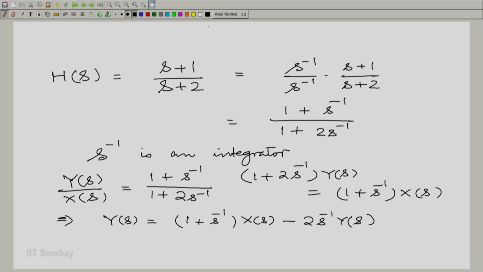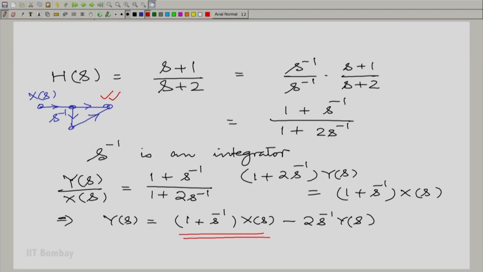Let us do it right here and take care of terms one by one. So, I have a node x of s. I need to multiply it by S inverse and also keep it as it is. Transmit it as it is, multiply by S inverse. This is the integrator, and then add. So, I have generated this term here.